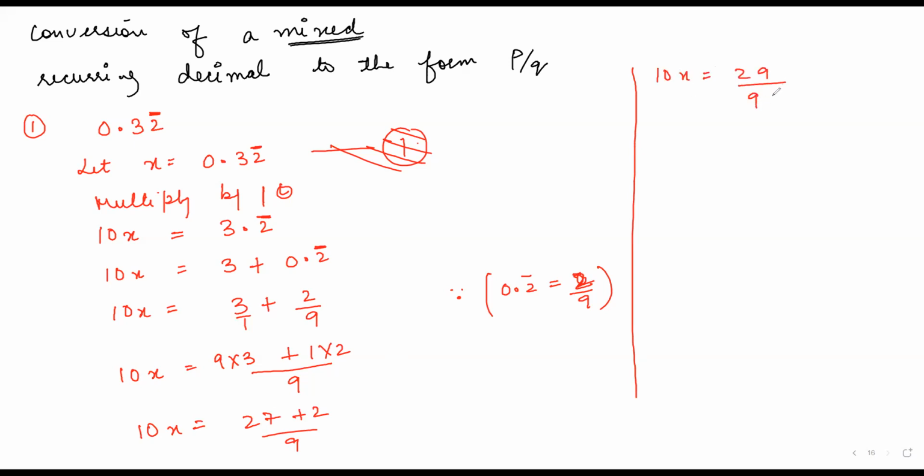Then you can bring this 10 in the denominator. So x will be 29 divided by 9 into 10. So your x will be 29 divided by 90, right? So that means your 0.32 bar is 29 divided by 90. So you have converted this into P by Q form. Adil, any issue here? No.